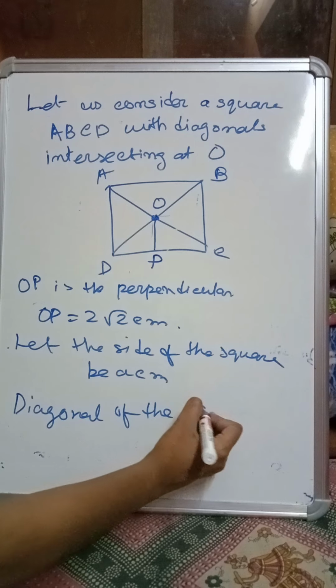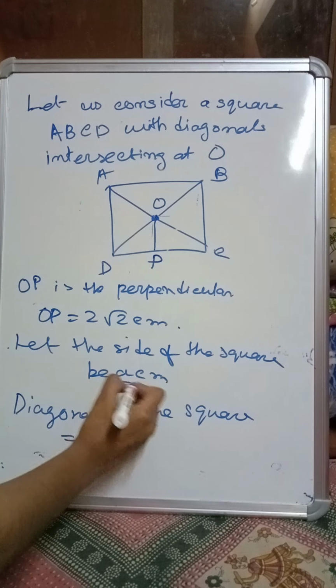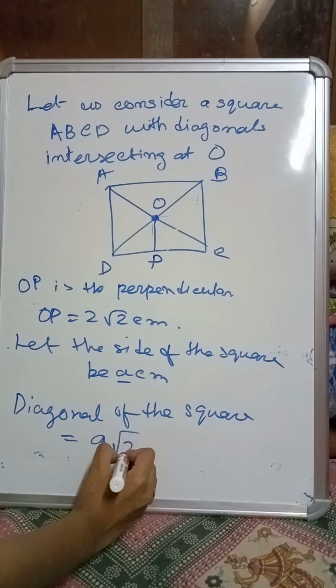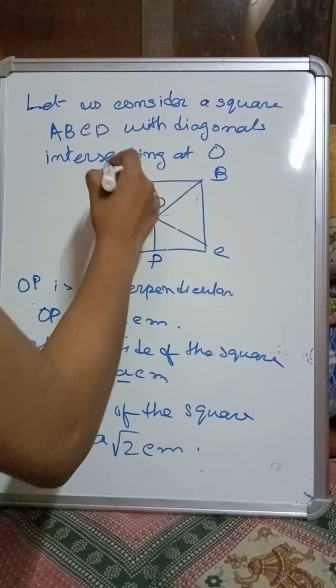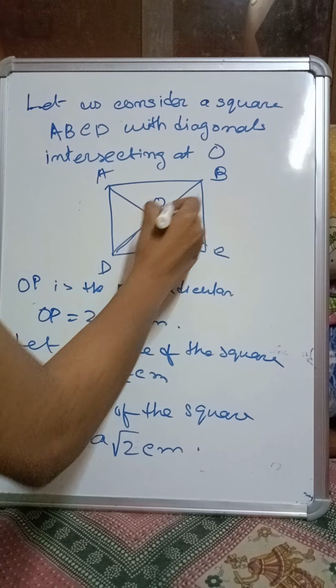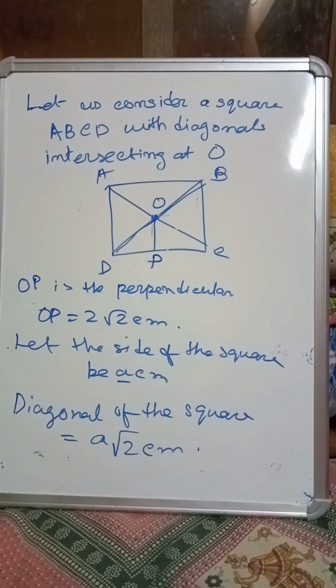The formula of the diagonal of the square is side into root 2. What is the side? A. So a root 2 centimeter. Okay, so now in a square, when the diagonals intersect, the diagonals bisect each other. I think up to this it is clear.